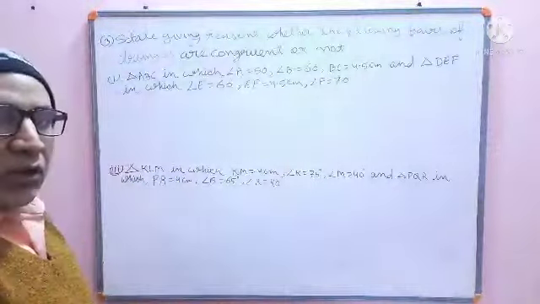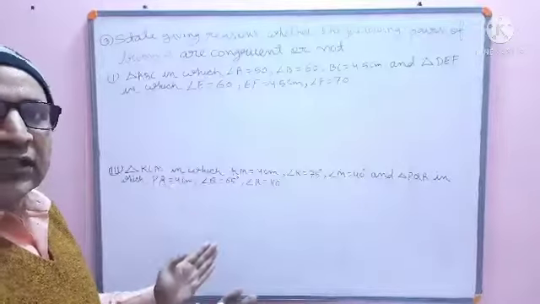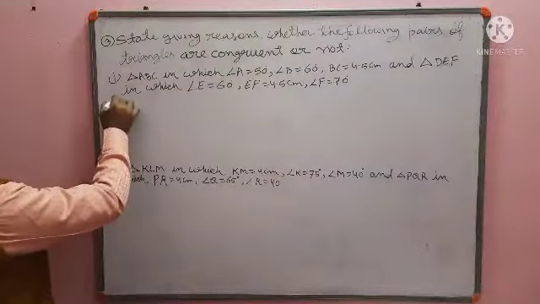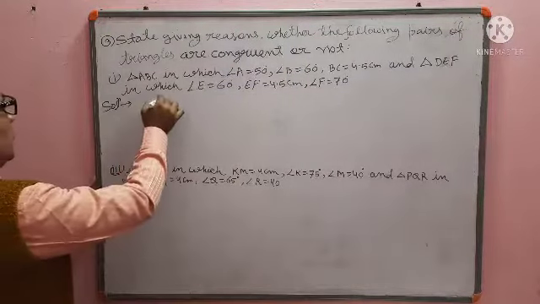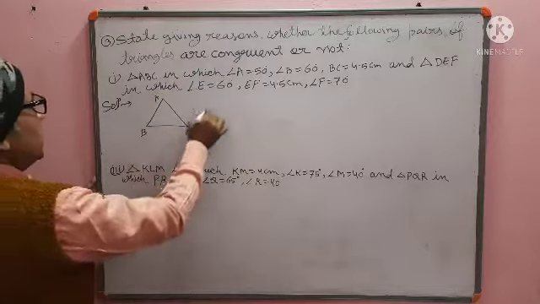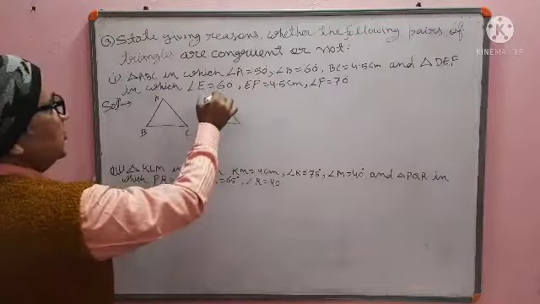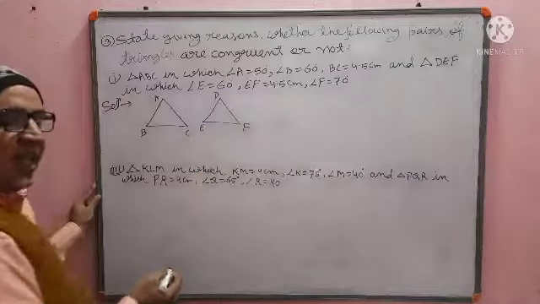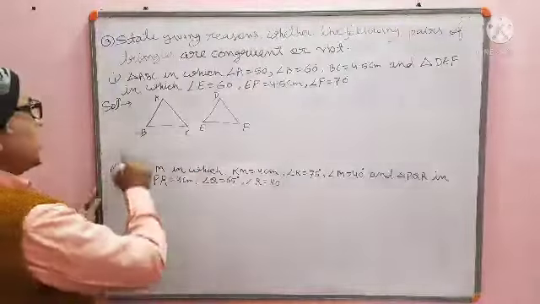Children, when you are solving it, first draw the diagram, then it will be easy for you. See how to do it. Draw triangle ABC and triangle DEF. And then write down all the given points.